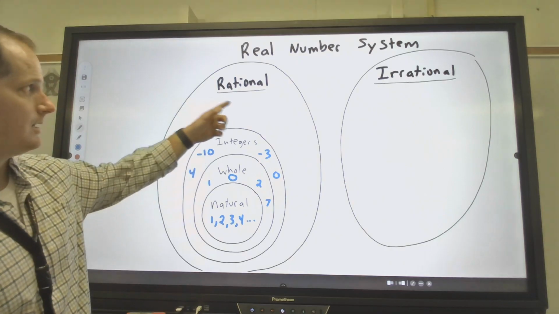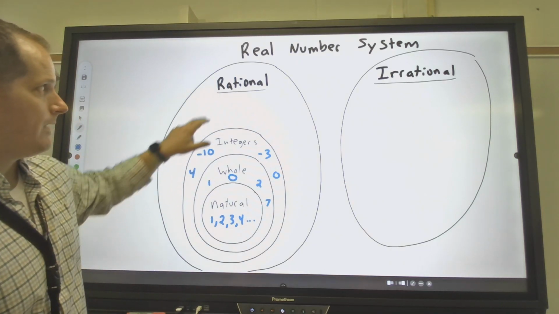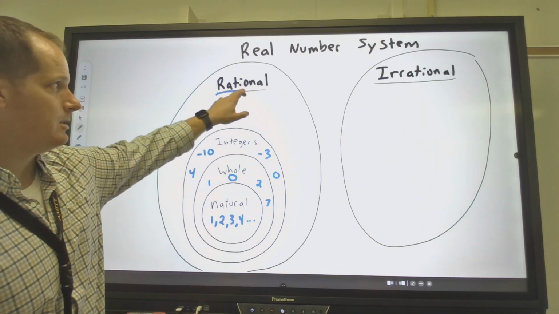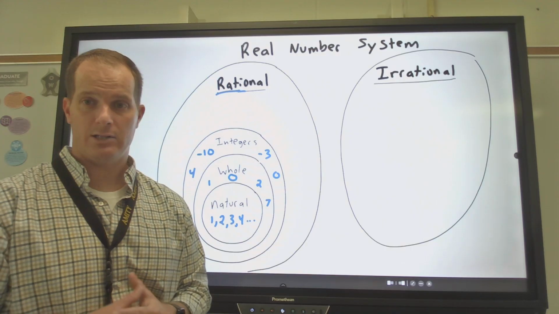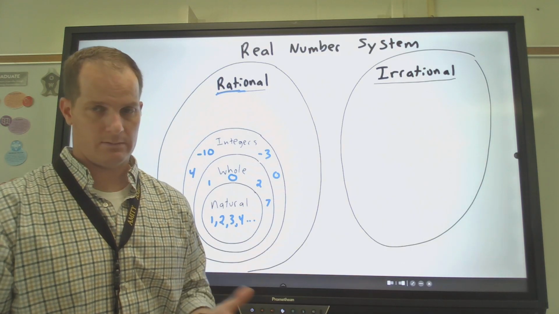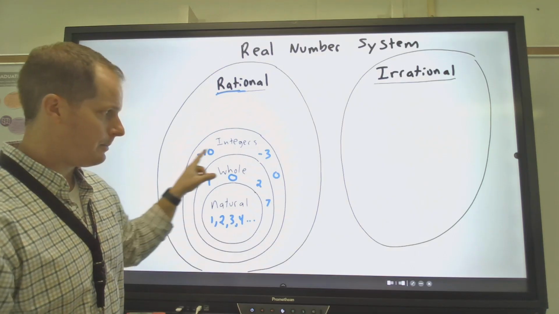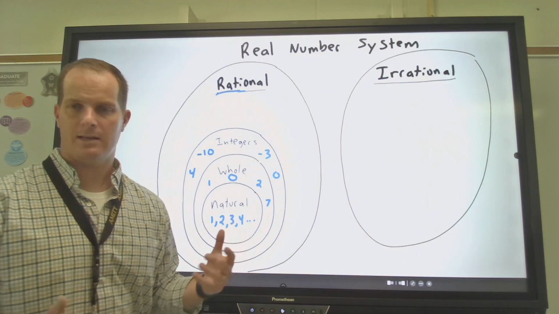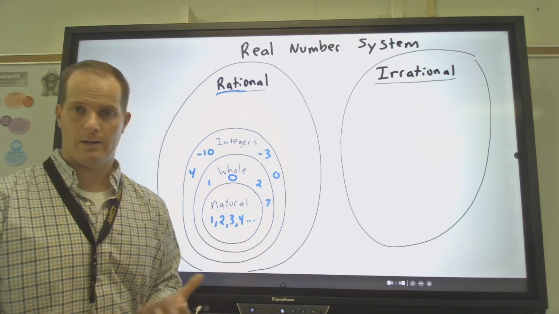The last thing to think about is the more general rational realm. Rational, if you think about it, the first part of rational says ratio. So it's really any value that you can represent as a ratio in fraction form. It's a really clever way of thinking of it. All of these examples so far can be represented in fraction form. For example, if I think of 7, I could represent the number 7 as a fraction or in ratio form as 7/1.